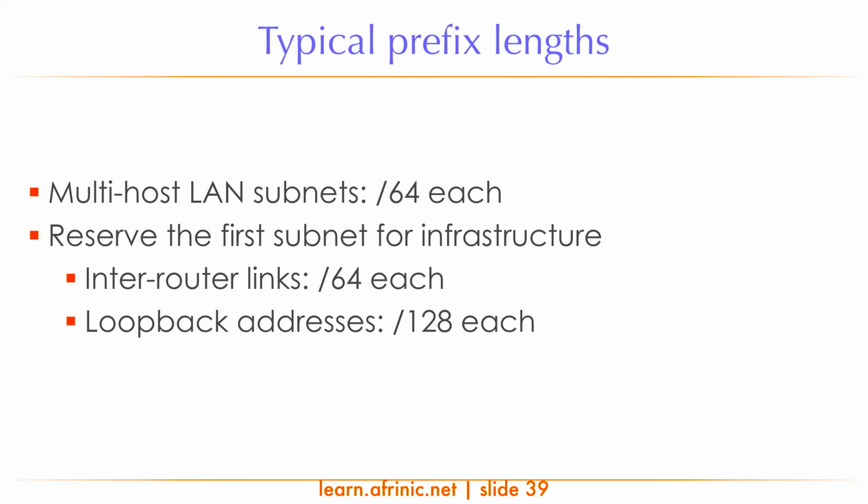Also, autoconfiguration, like I've just mentioned, SLAAC, depends on a /64 prefix to fill in the 64-bit interface identifier. So if I display it for us to understand: if this is your prefix, this is 16 bits, then up to here, this is 48.